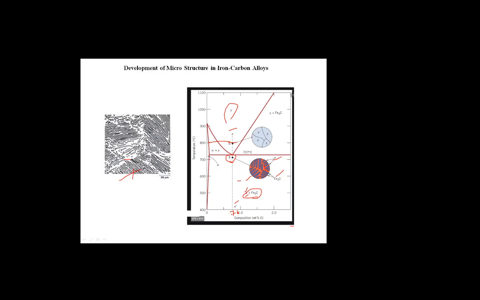The light mode represents the ferrite, and the dark mode represents the cementite.